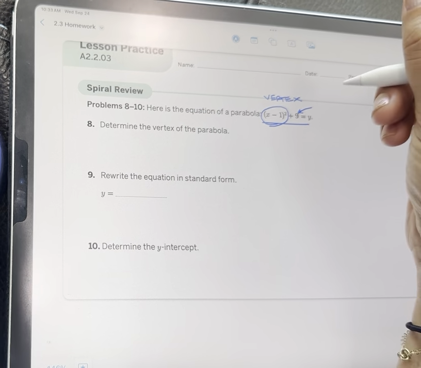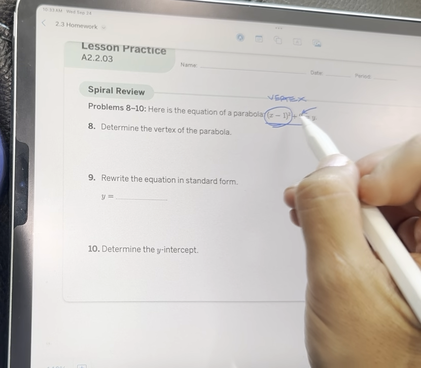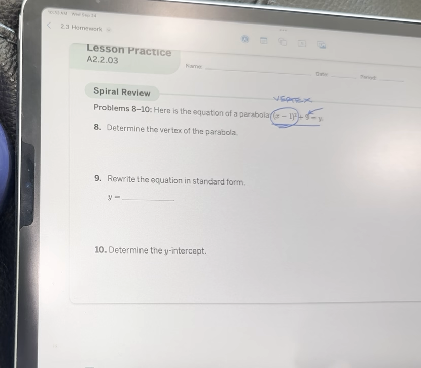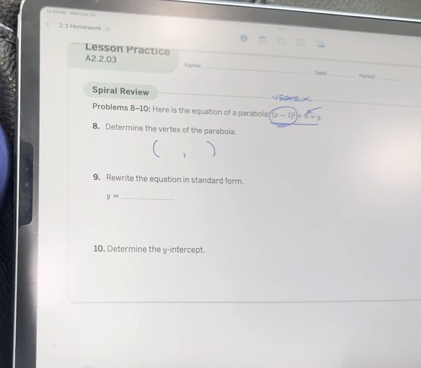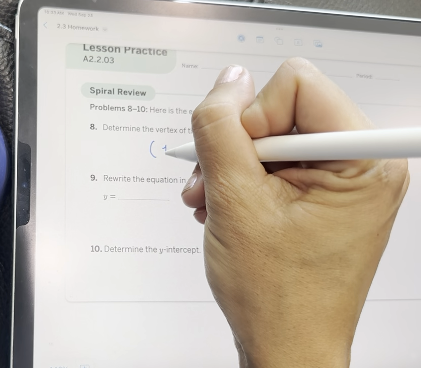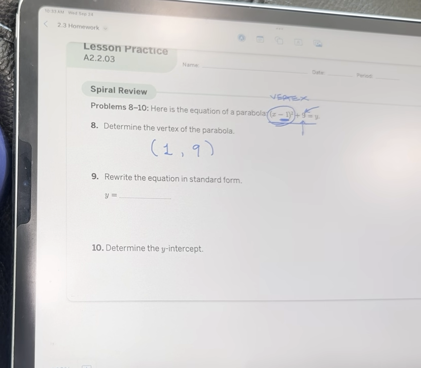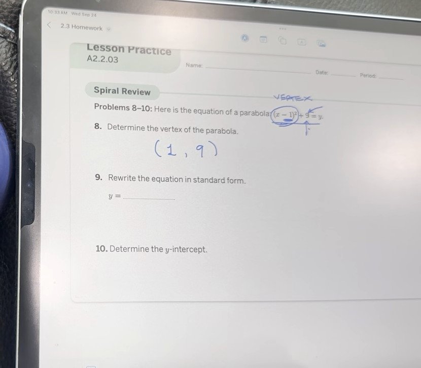This is like our translation form that shows me my left to right translation and my vertical translation. And then the vertex will be an ordered pair that comes from the opposite of this number and that number. Okay, the opposite of this, not the opposite of that.